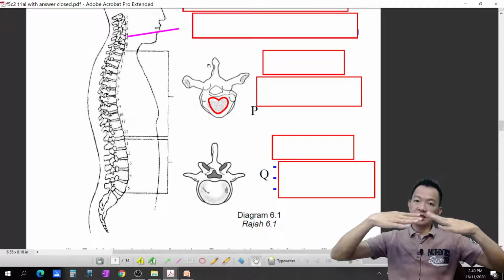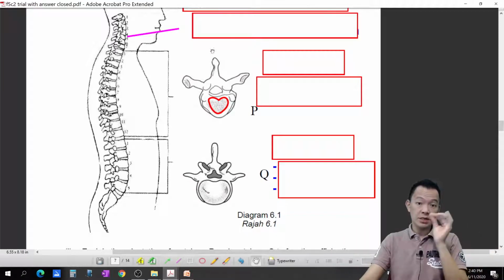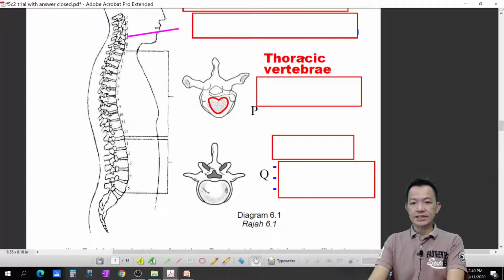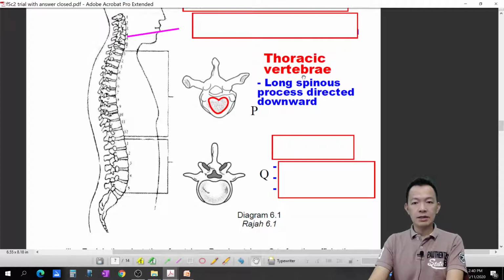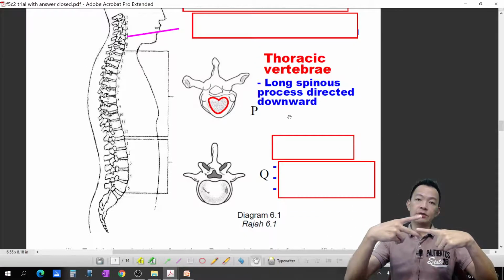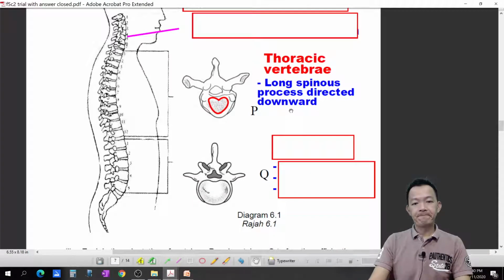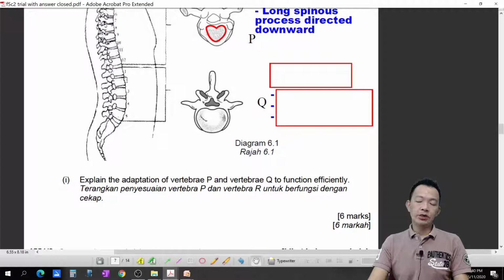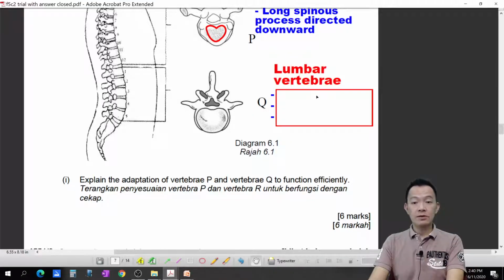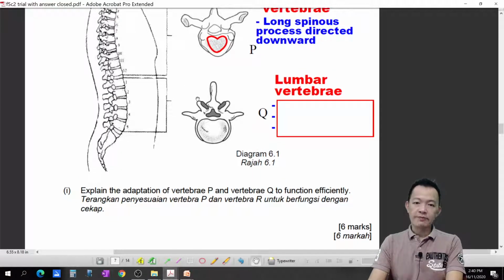So thoracic vertebra has a long spinous process directed downwards, to provide a surface for the articulation with the muscle and other bone. Q will be the lumbar vertebra.